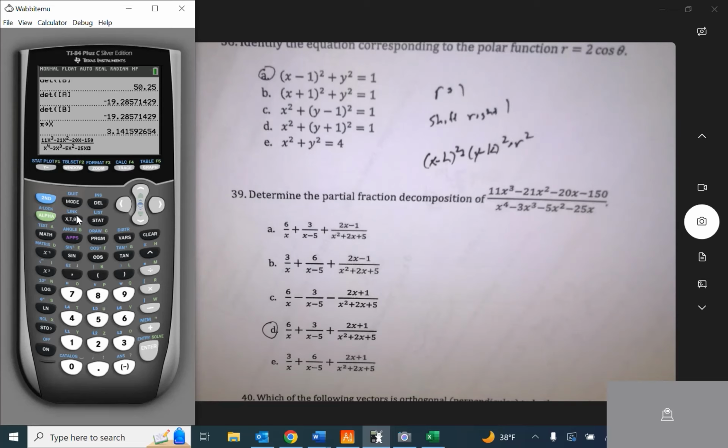Anyways, that's the number I get when I type in the original function. And these are equivalent. This is where you've broken it into its various factors. It turns out if you put all this stuff together, you get that thing. Who would have thought? Anyways, it's 6 over x plus 3 divided by x minus 5 plus parentheses.